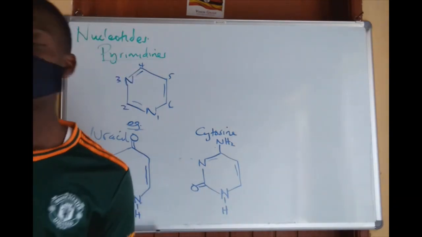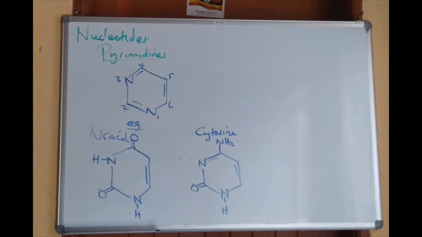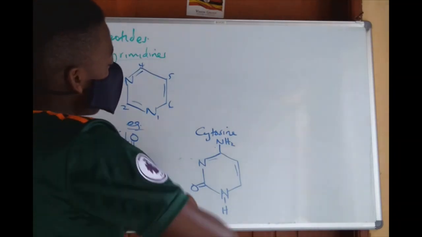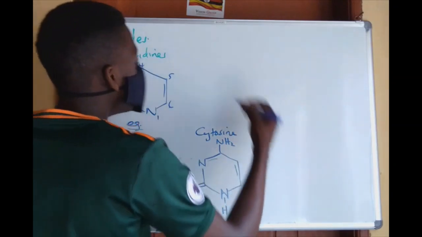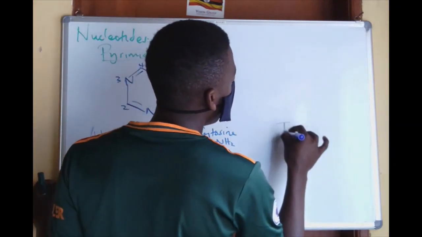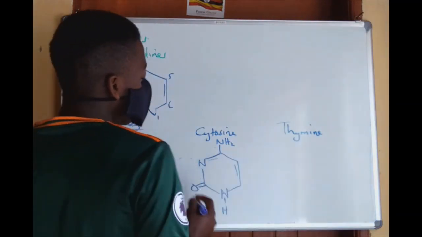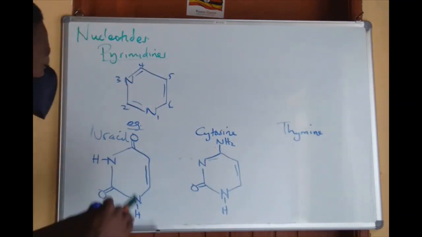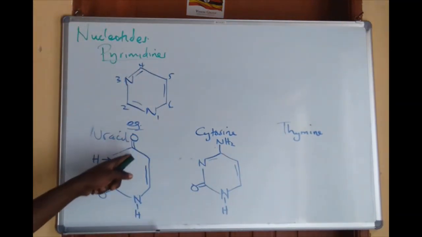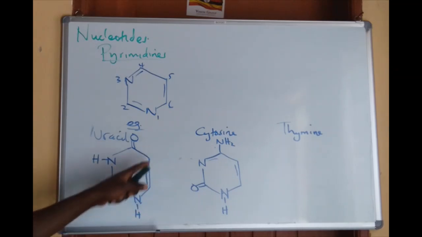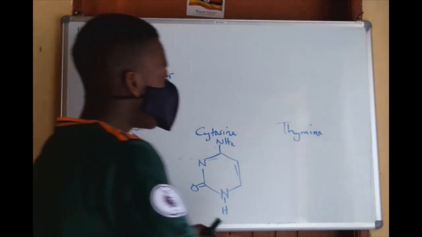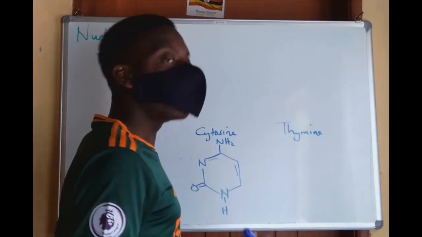That is cytosine. And we shall have a third pyrimidine, called thymine. How does thymine look? In thymine, it will be like uracil, but at carbon 5 we shall have a methyl group. And thymine is found only in the DNA.